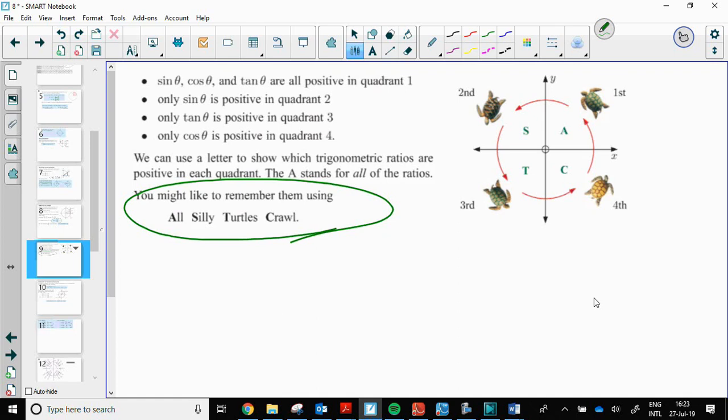We're not saying just all 3 of the trig functions are positive when the angle is between 0 radians and pi over 2 radians. We're saying the first quadrant, and these arrows continue forever to go around, right?